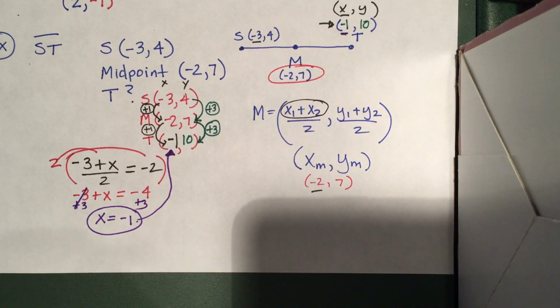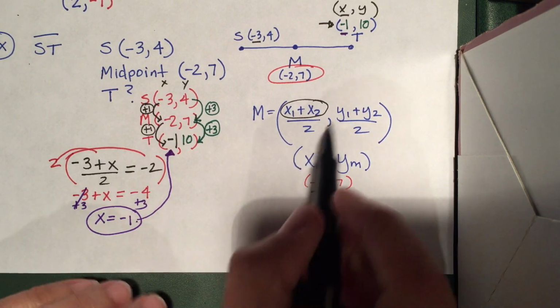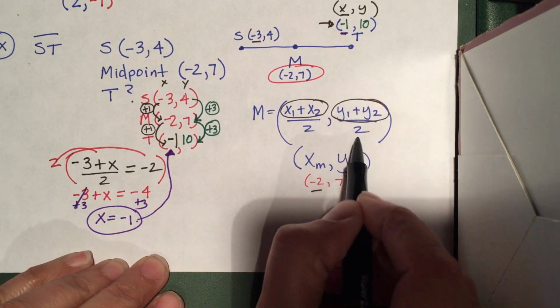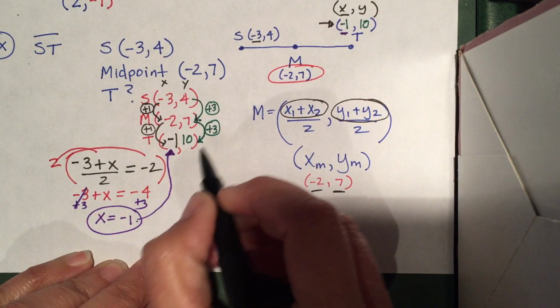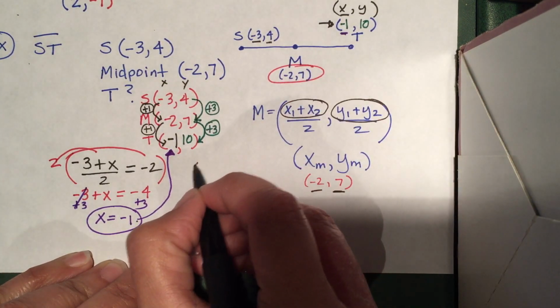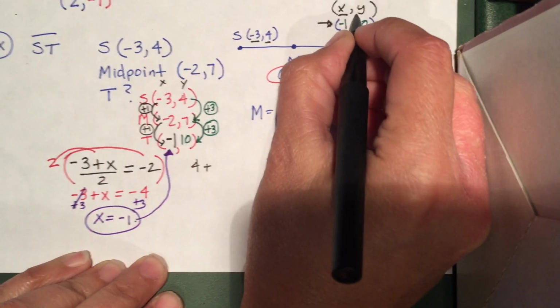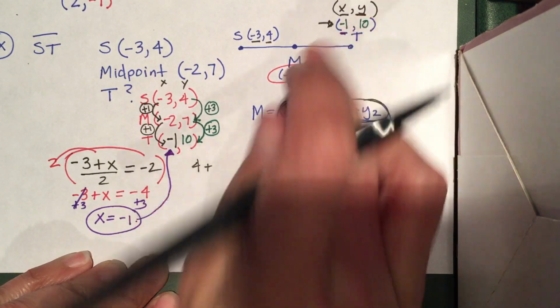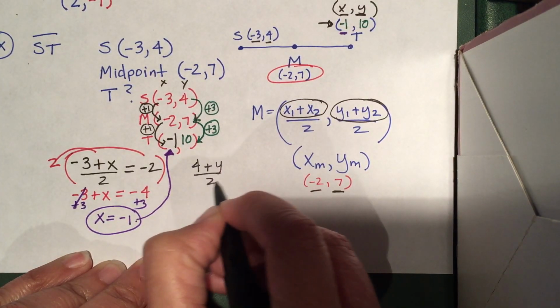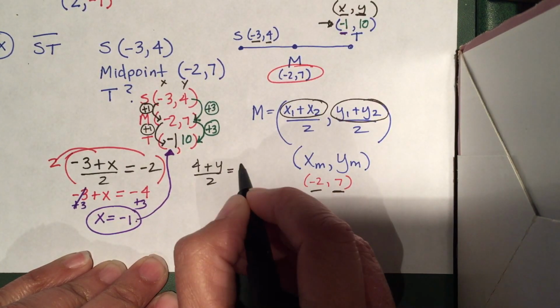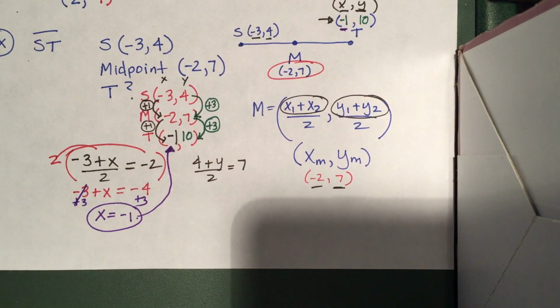Let's do the same thing for y. So now if I want to solve for y, I know that the average of the y's divided by 2 is going to give me 7. So my two y's are 4 and y. Remember, we don't know this one yet. 4 plus y divided by 2 is going to give me 7. I'm going to follow the same process.